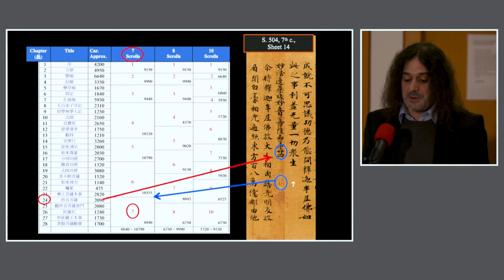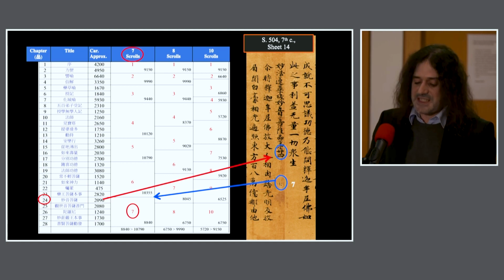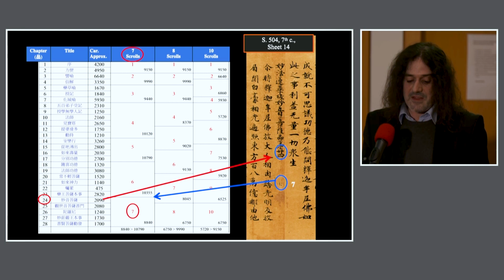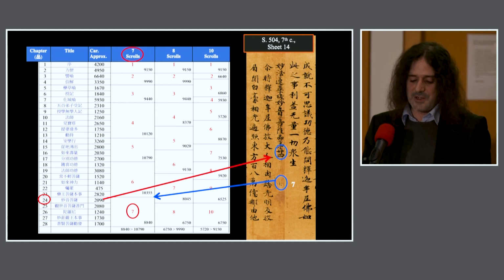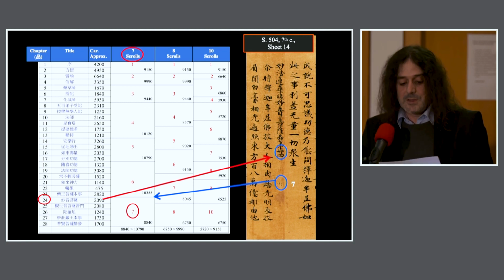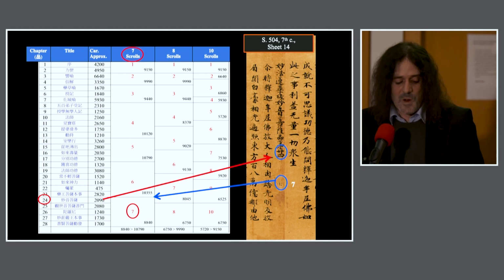This section corresponds to the beginning of chapter 24, and under the title we find again the number 7, suggesting in this case the beginning of the 7th scroll of the Lotus Sutra in 7 scrolls, the last scroll in this version, which starts precisely at this point. So it would seem to be the initial part of another manuscript, presumably a copy of the Lotus Sutra in 7 scrolls, pasted to the previous one.